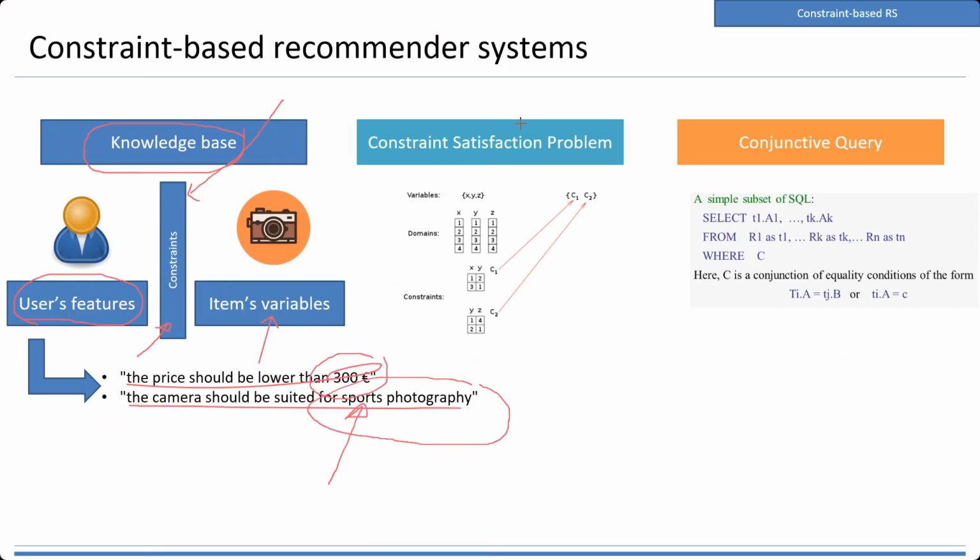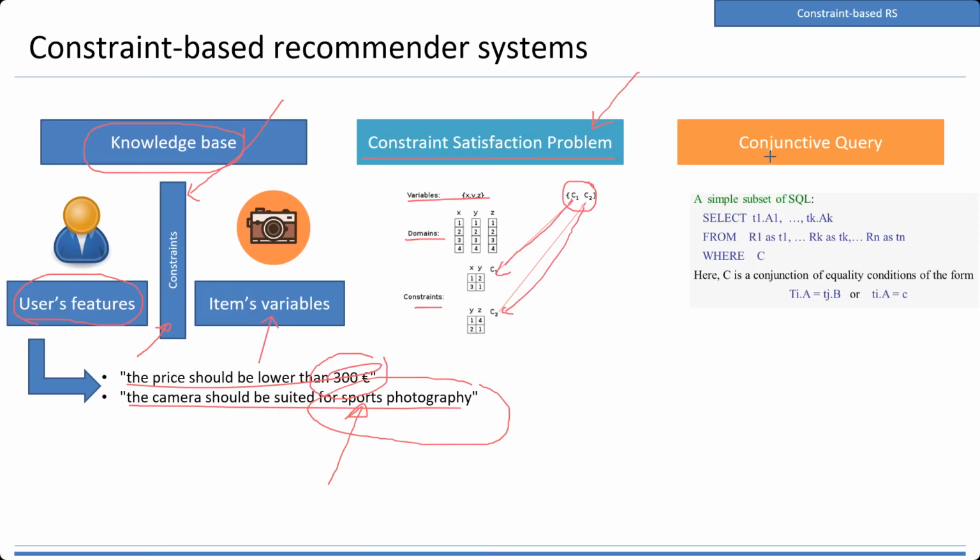The other concept or method we call the constraint satisfaction problem. So we have some variables, and then we have domains, and then we check whether the constraint fits with the requirement or not, and how it is satisfied.